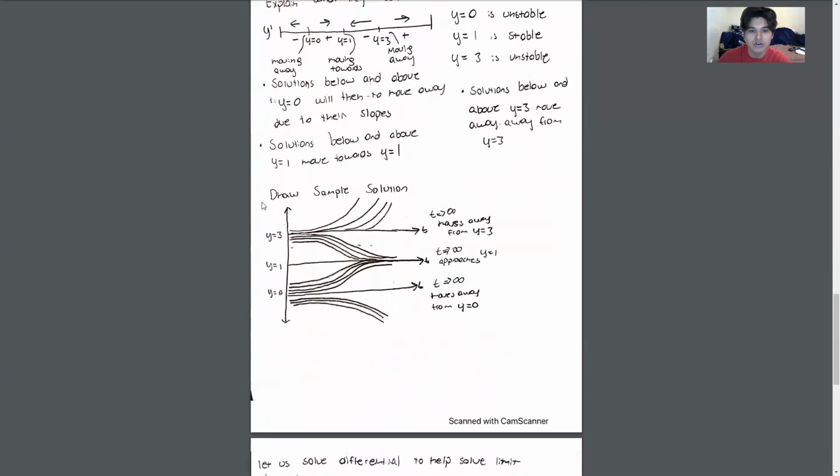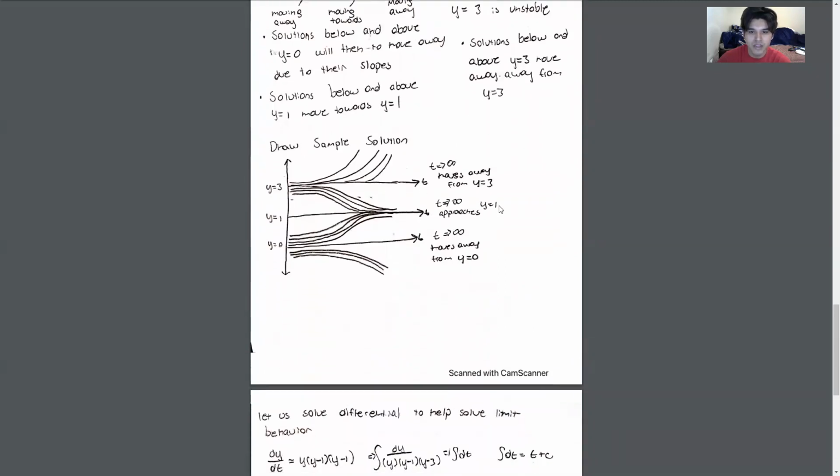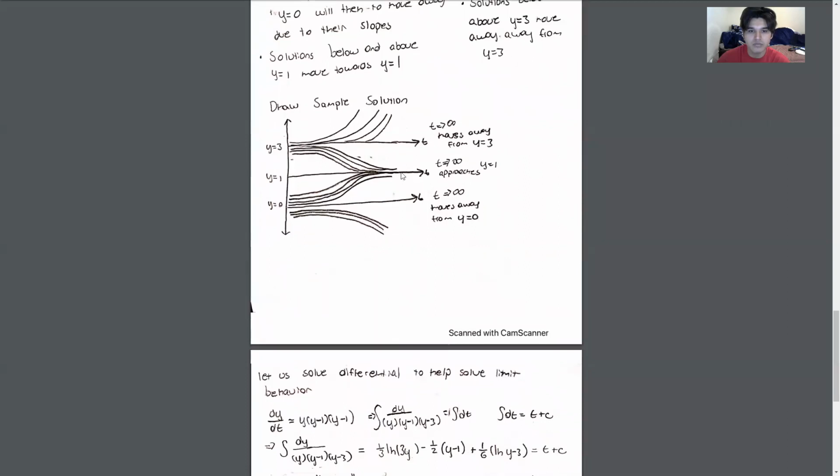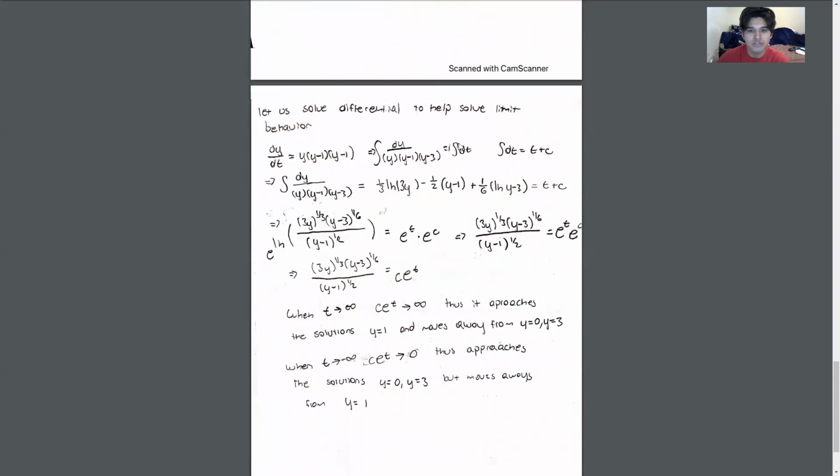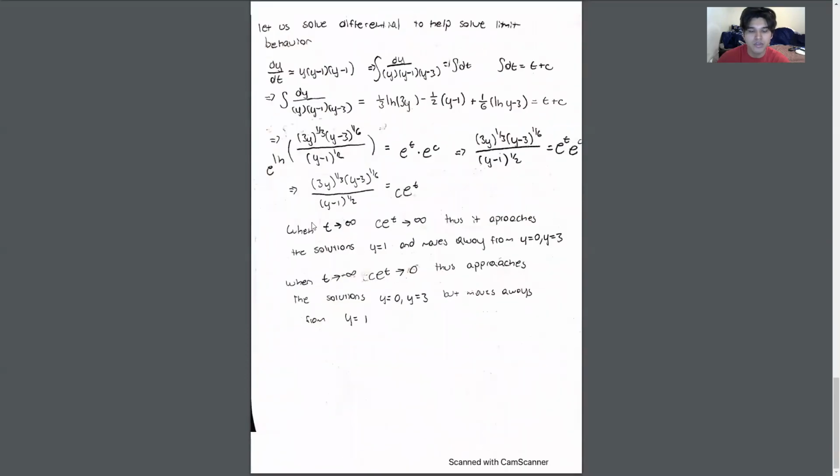So here I drew a sample solution, and this essentially is just going to help me determine the end behavior as t approaches either infinity or negative infinity. And I solved the differential equation in order to help us determine the end behavior.